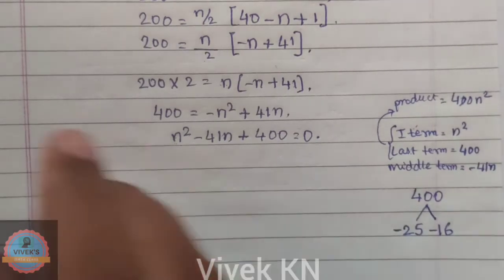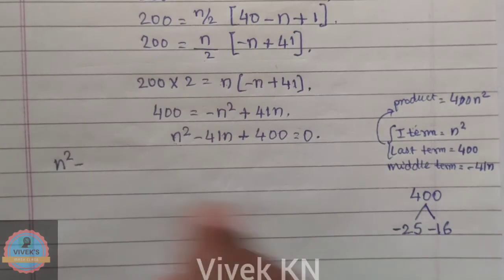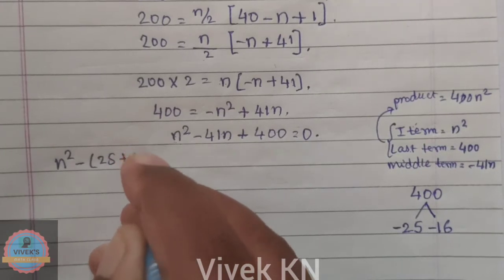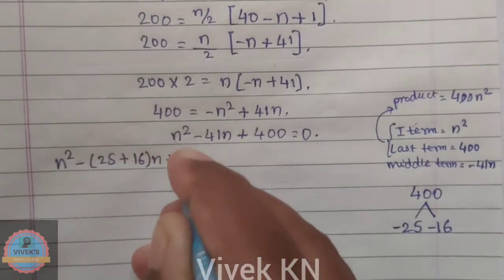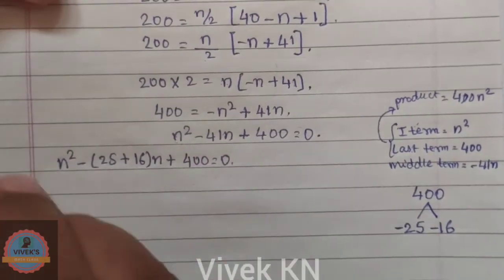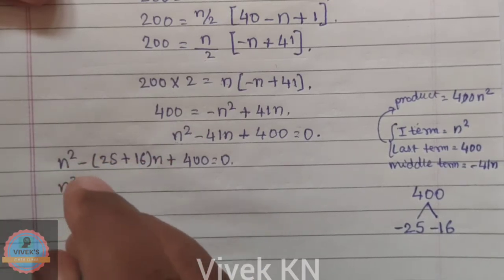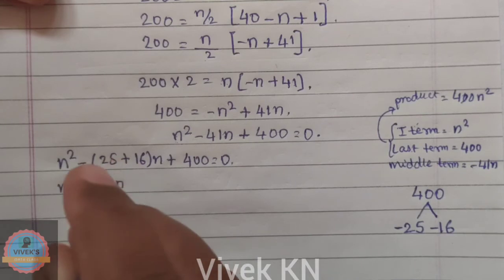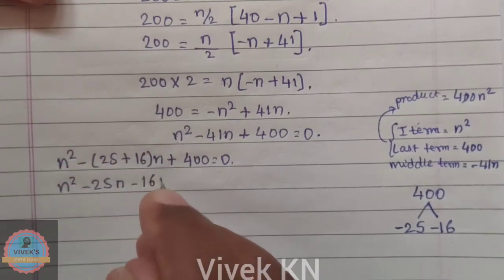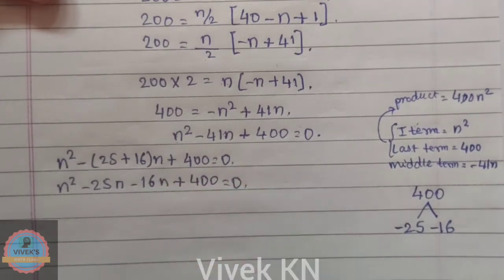So let's write this. n square minus 41n can be written as 25 plus 16 into n plus 400 is equal to 0. That is n square minus 25n minus 16n plus 400 is equal to 0.